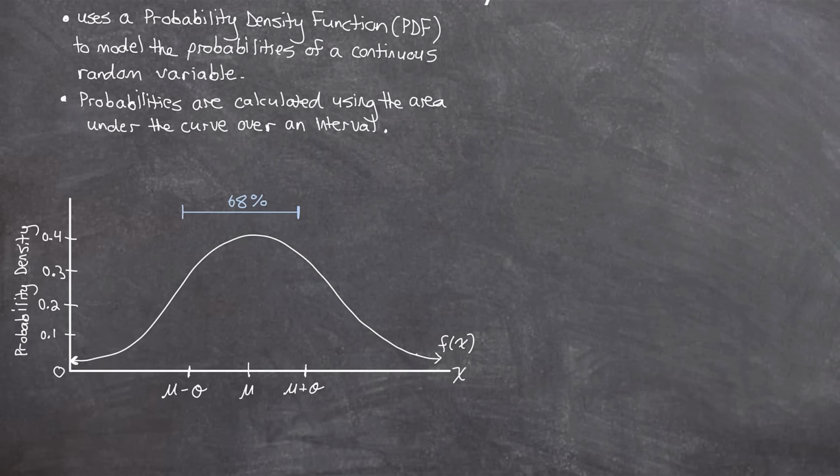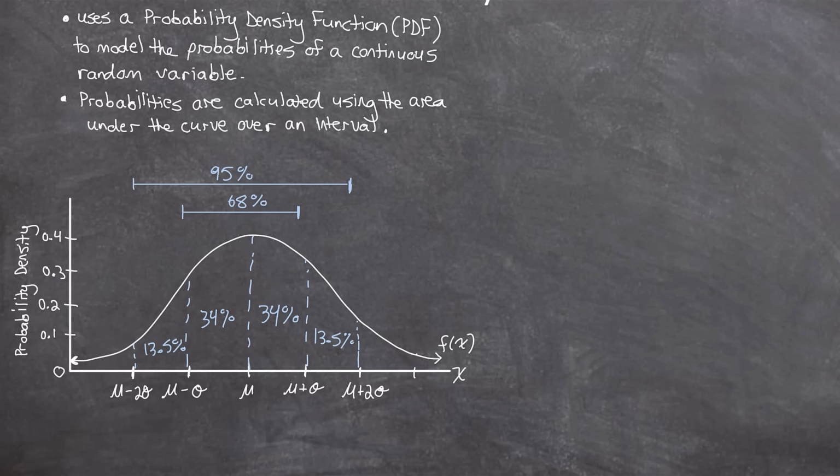And because this function is always symmetrical, that 68% could be broken in half into these two sections. And then within 2 standard deviations of the mean lies 95% of the data. And then within 3 standard deviations of the mean, you would find 99.7% of the data, assuming it's normally distributed.